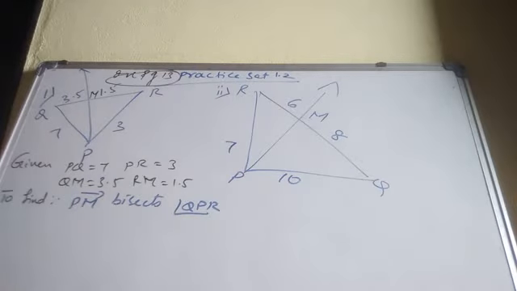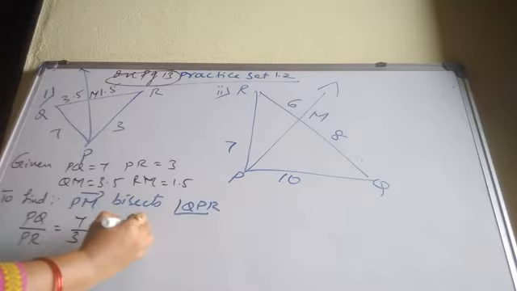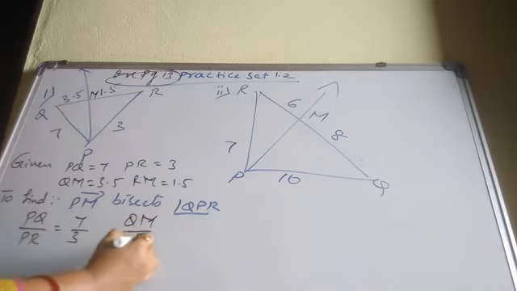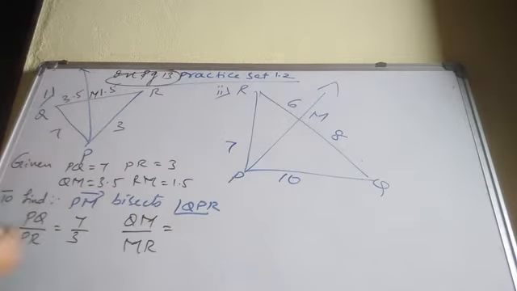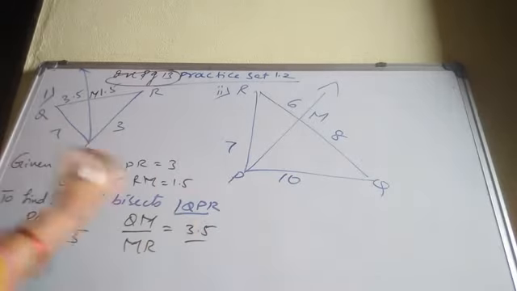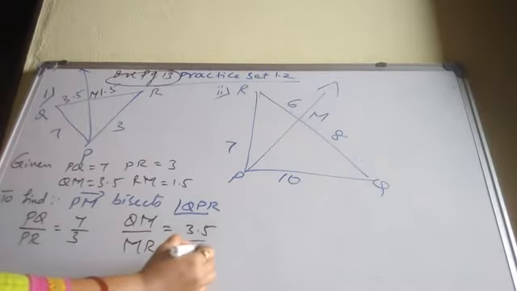So the condition was PQ upon PR. PQ is 7, PR is 3, so 7 upon 3. Second, QM upon MR equals 3.5 upon 1.5.